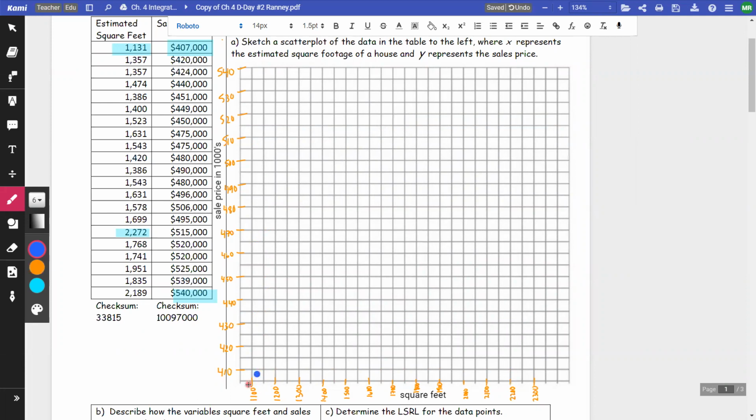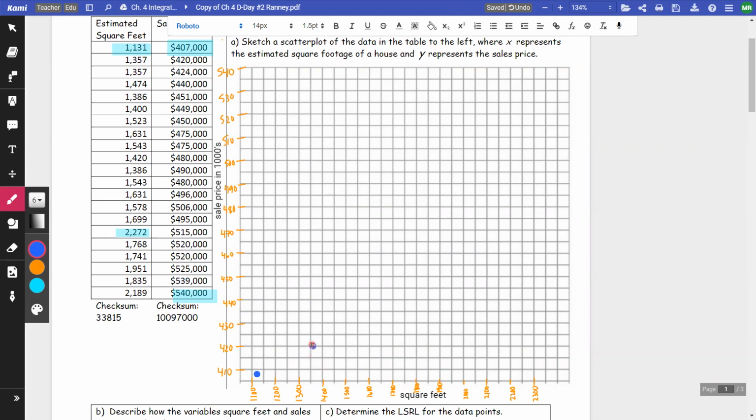The next one, 1,357. So 1,300, this would be 50, so 57 somewhere here, up to 420,000. And then I have another one that's up at 420,000. Sorry, I didn't go up high enough.